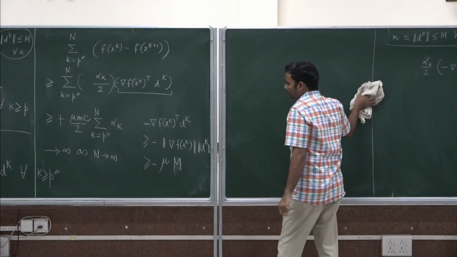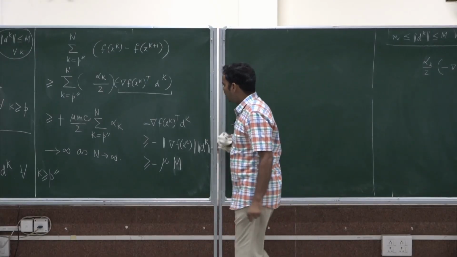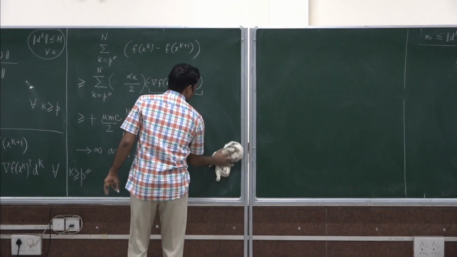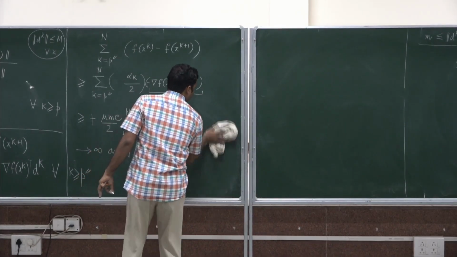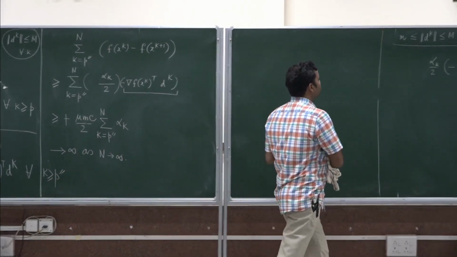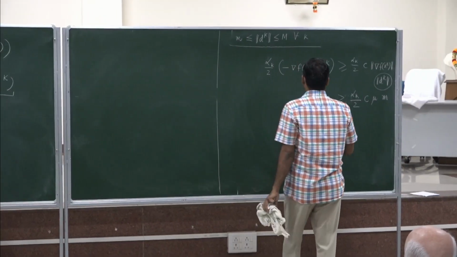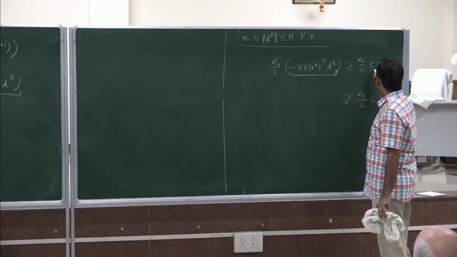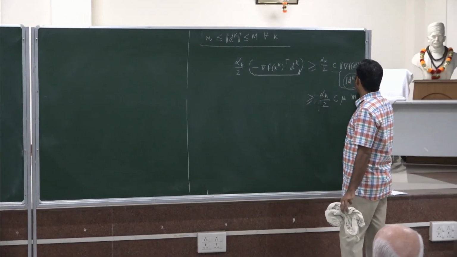Instead of this Cauchy Schwarz inequality, we are employing the angle condition. From this underlined portion, the angle condition gives greater than or equal to c times this portion, right?